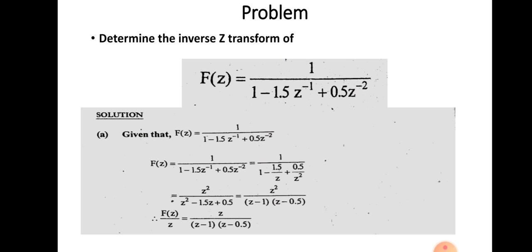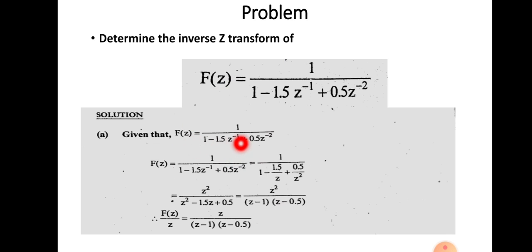First of all, find the inverse Z transform of F(z) equal to this form. You are given the Z transform, so you have to find the inverse Z transform f(k). First of all, you have to take this form. It is better to represent this F(z) in the form of F(z) by z.